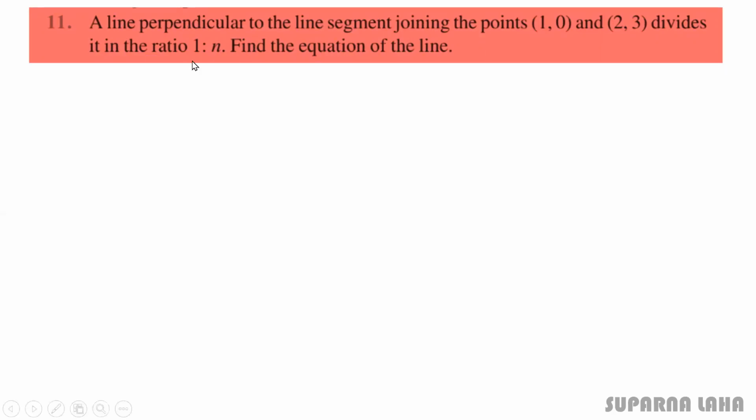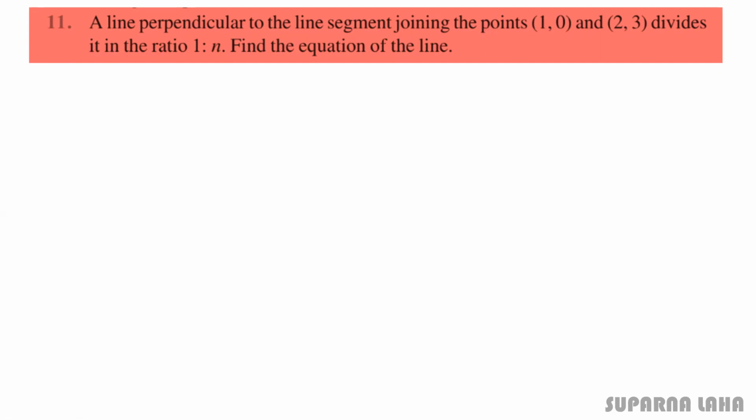A line perpendicular to the line segment joining the two points (1, 0) and (2, 3) divides it into the ratio 1:n. So find the equation of the line.